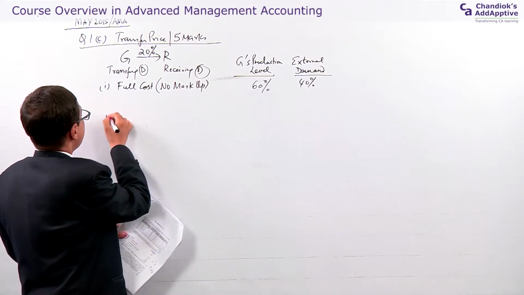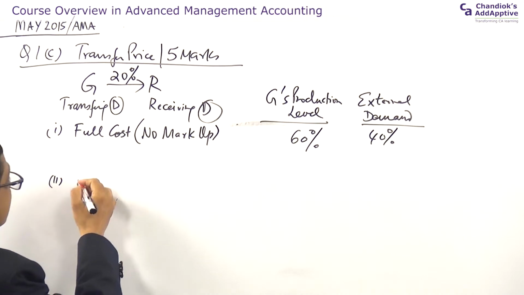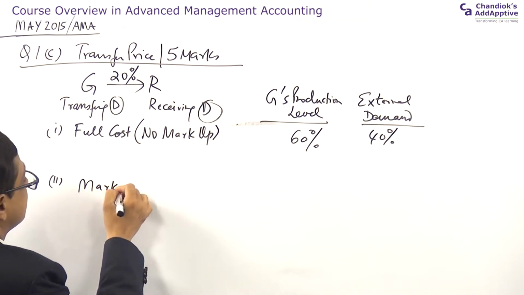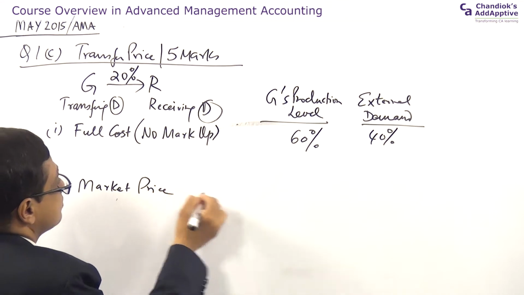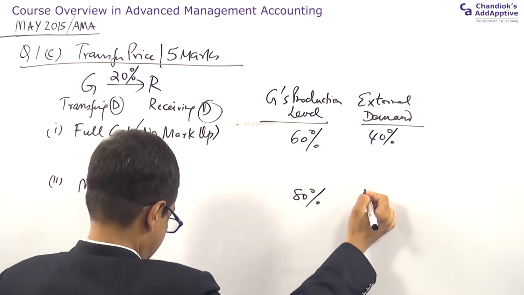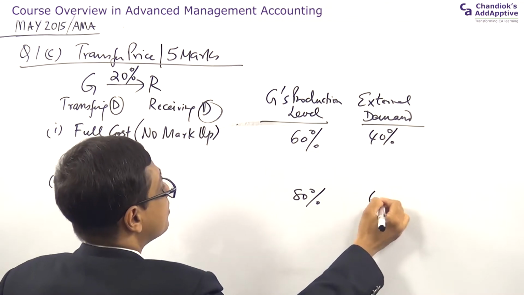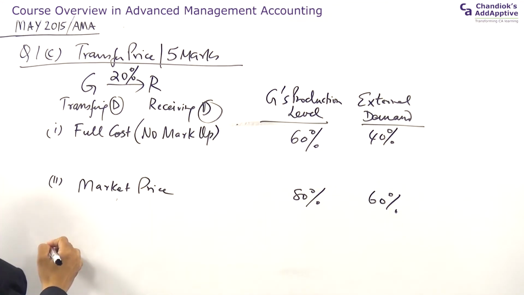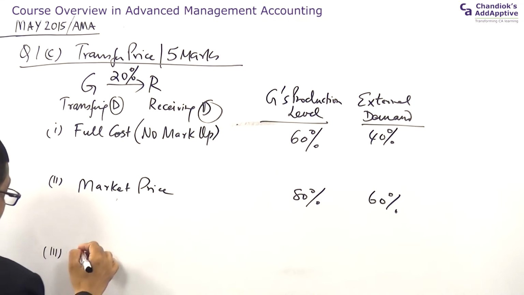The second scenario which is provided is market price. Here it is 80% production level and external demand is 60%. Third is marginal cost.